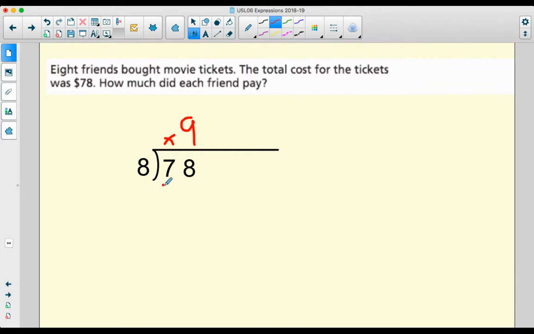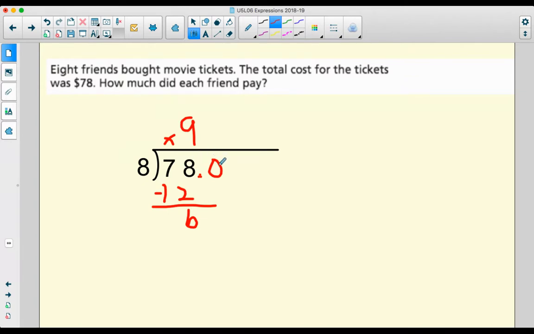9 multiplied by 8 is 72. When I subtract, I have 6 ones left. Yep, that can't get put in there. So I need more to divide because they have to pay that money, right? I add a decimal point and a 0 both to my dividend.